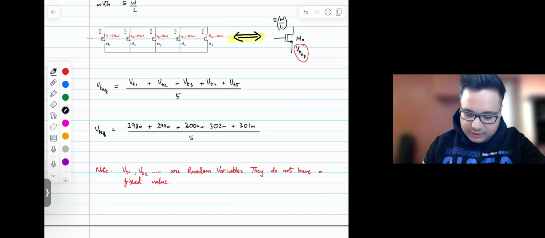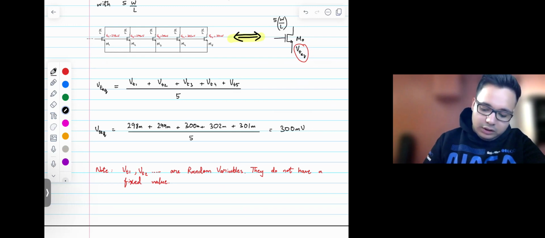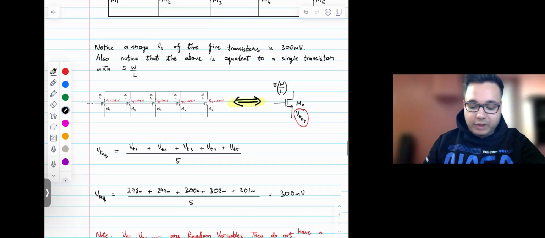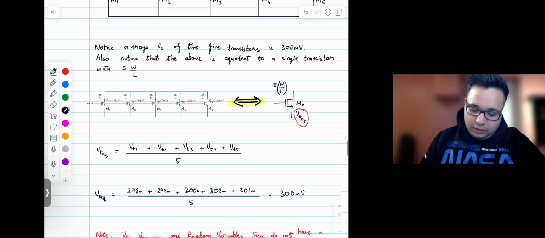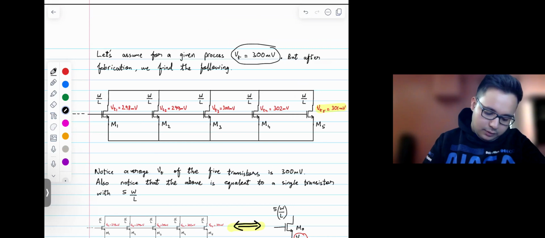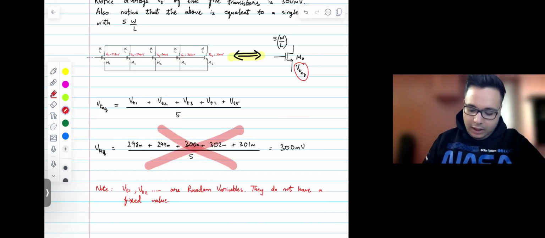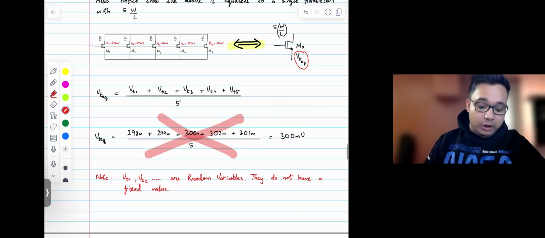And what you would find is that it's equal to 300 millivolts, which is the equivalent value, and it's also equal to what we were given in the process. But is that calculation right? Turns out it's not. This is totally wrong. We can't put numbers like this into the equation above.